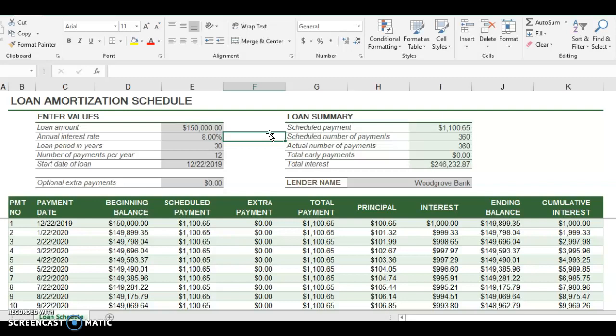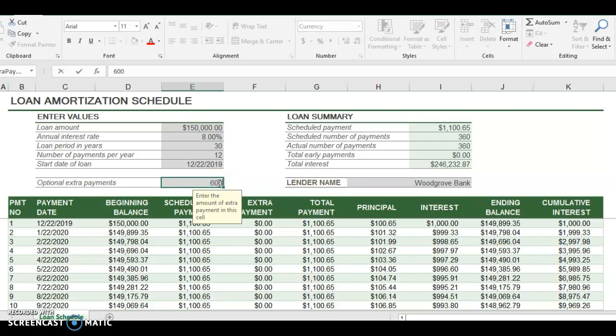And then I have them in the third example do this extra payment thing. I say, let's say we throw an extra $50 a month on our mortgage. That entire $50 goes to the principal. So I have them calculate how much extra payments annually it would be if we made a $50 payment per month. That would be $600 a year.